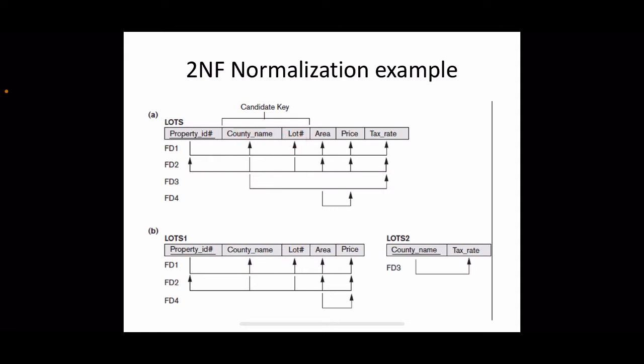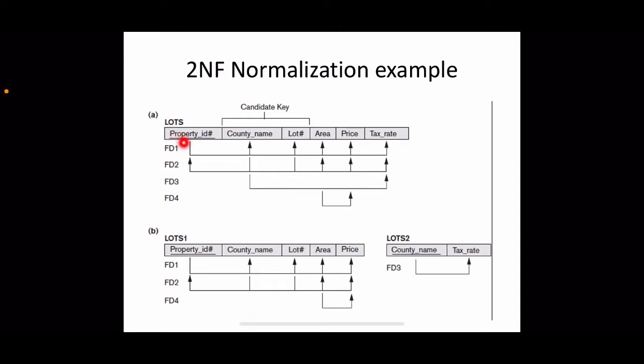That means the lot numbers are unique only within the county, which is why we take the county name together with the lot number as a key. Whereas the property ID number is unique across different counties. For each and every property, the property ID number will be unique.